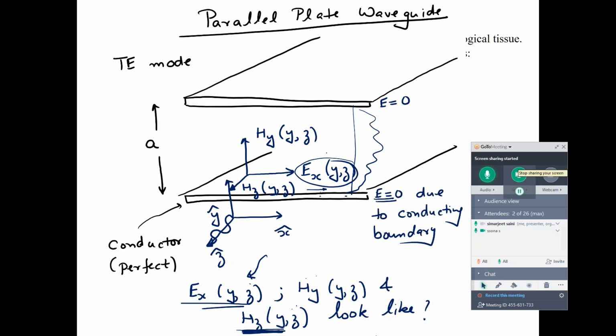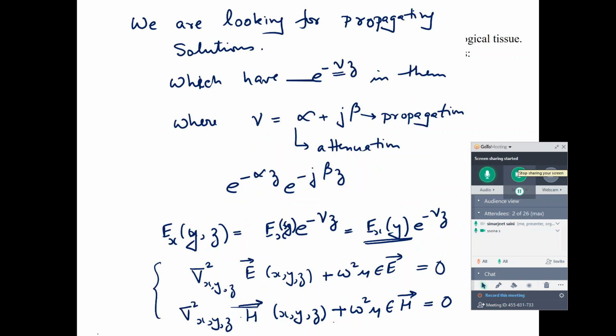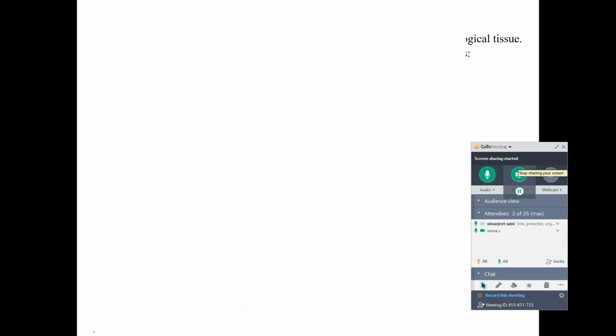So I will look for a solution of the electric field Ex, which I know has to vary in y and z direction. So what I want to do now is, for this geometry, I have a parallel plate. Let's call this your x plane, this your y plane.